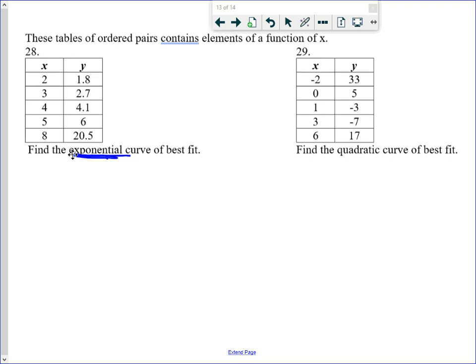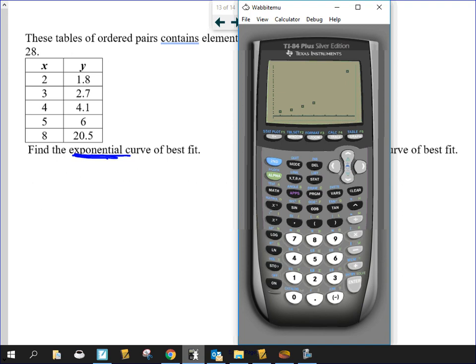Luckily, they tell us it's an exponential curve of best fit. So now all we have to do is use the calculator to find that. And so we will go to Stat Calc, and we'll use the exponential regression, and we will calculate.